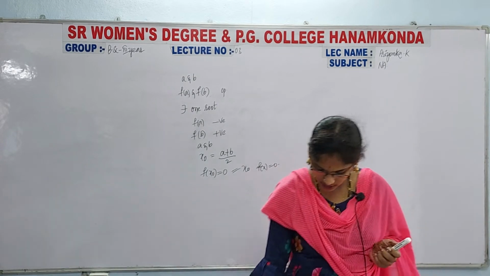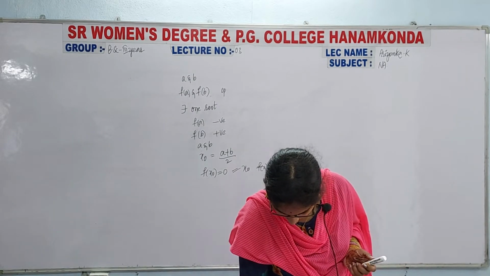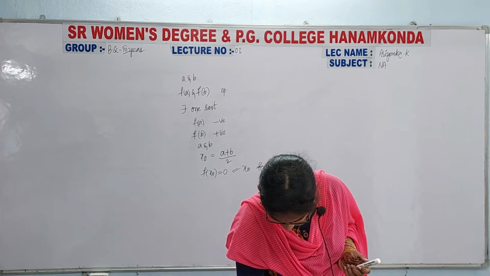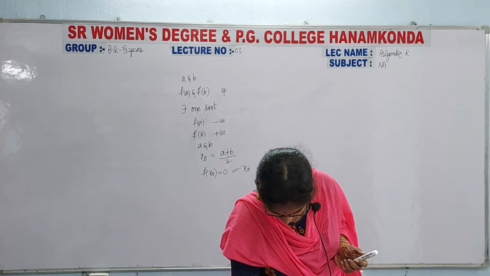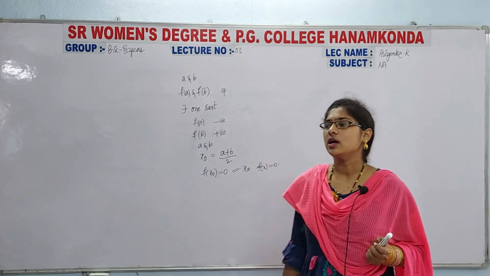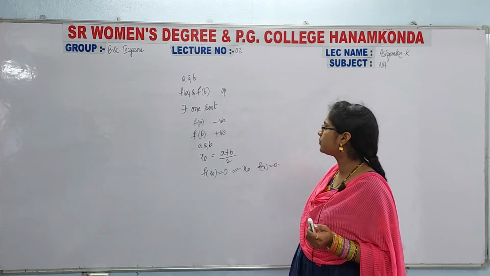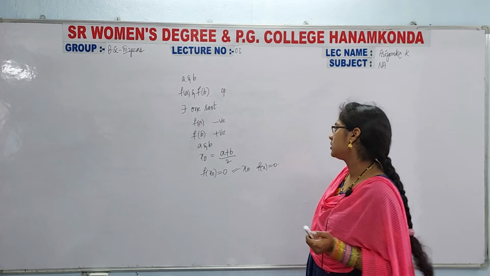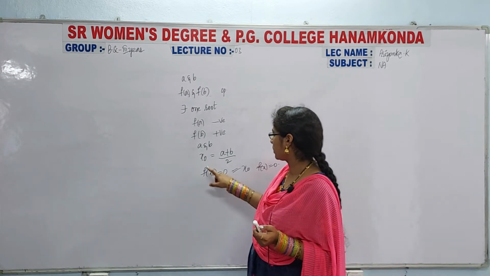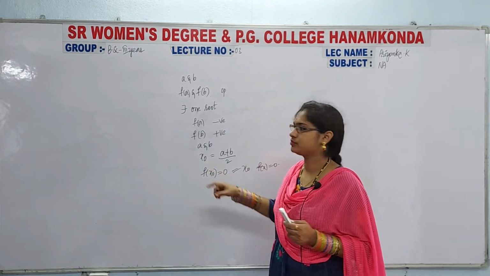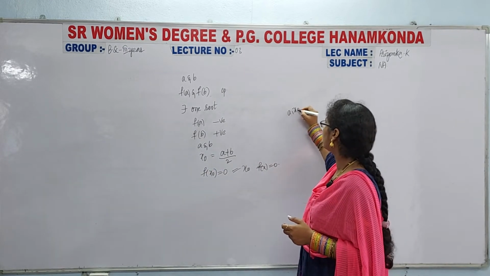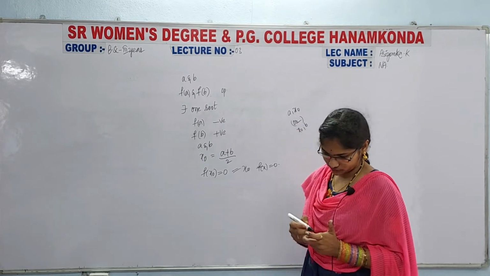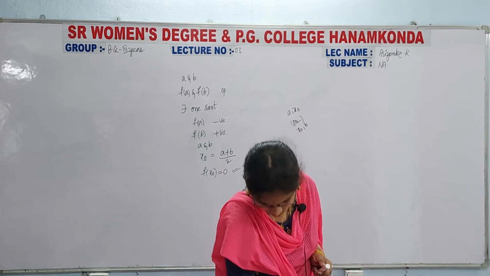Otherwise, the root lies either between a, x naught, or x naught comma b. Okay.